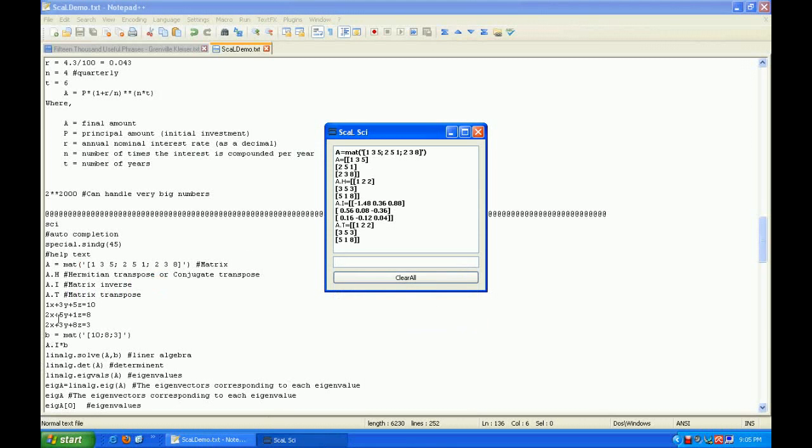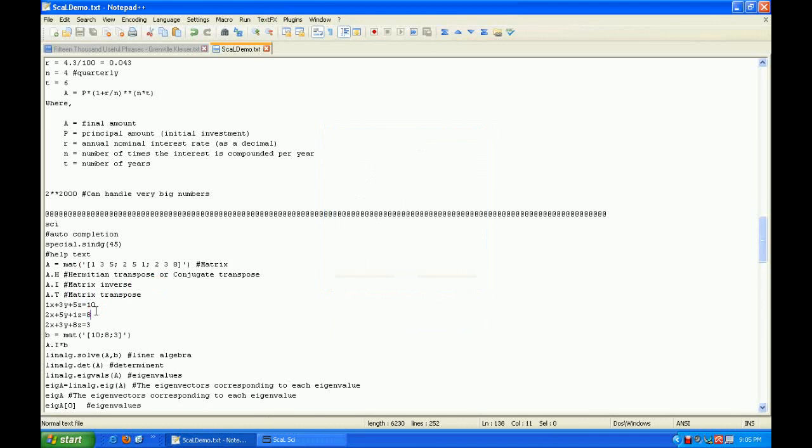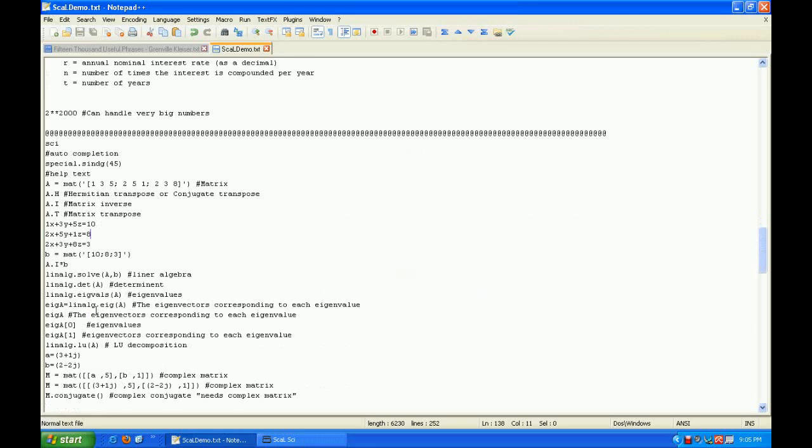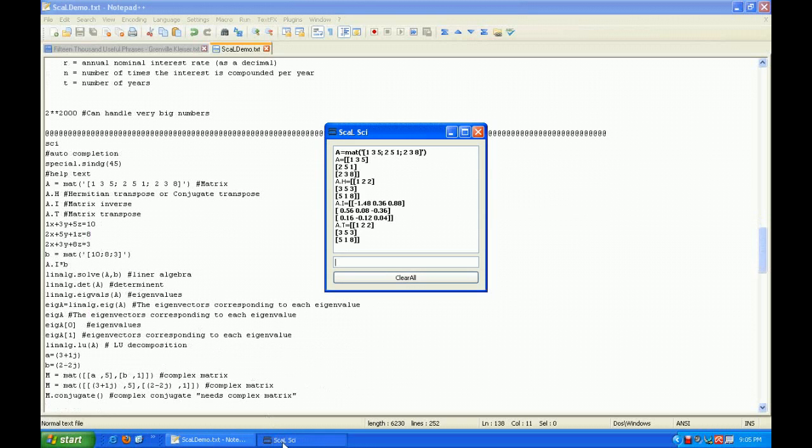It's the transpose matrix. Now, as many of you might know, with matrices we can solve linear equations.